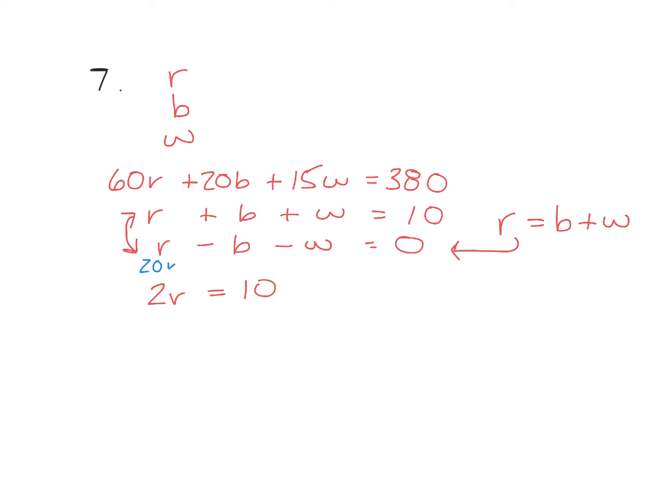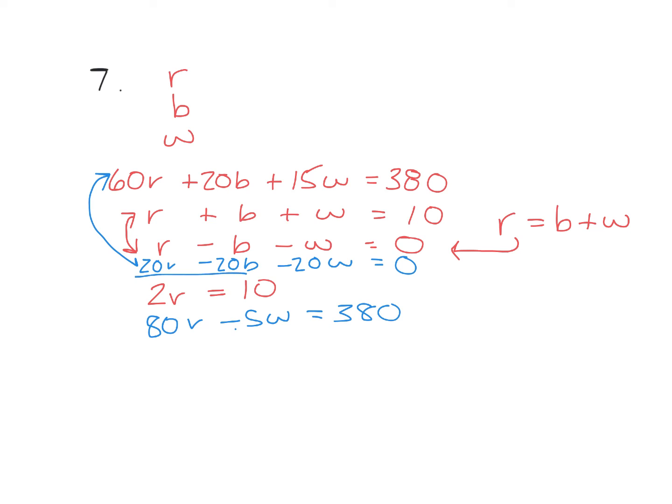So I have 20r minus 20b minus 20w is 0. And then adding these two together, I'd have 80r minus 5w is 380. So this is my system of 2 equations.